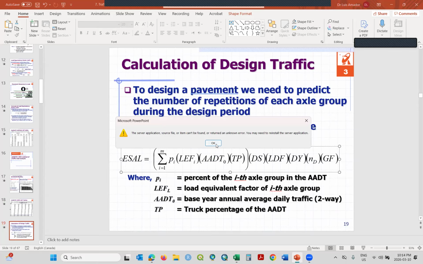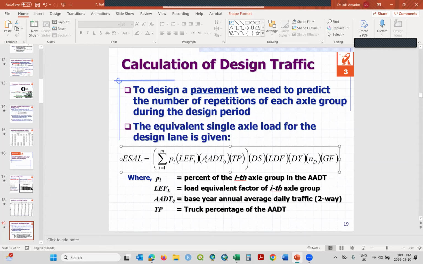So we will consider the average annual daily traffic. We will consider the percentage of trucks, the directional split, the load design factor, the number of years, the number of days in a year, and the growth factor. I know it's a bit complicated, but don't worry about it. We're going to make a couple examples.